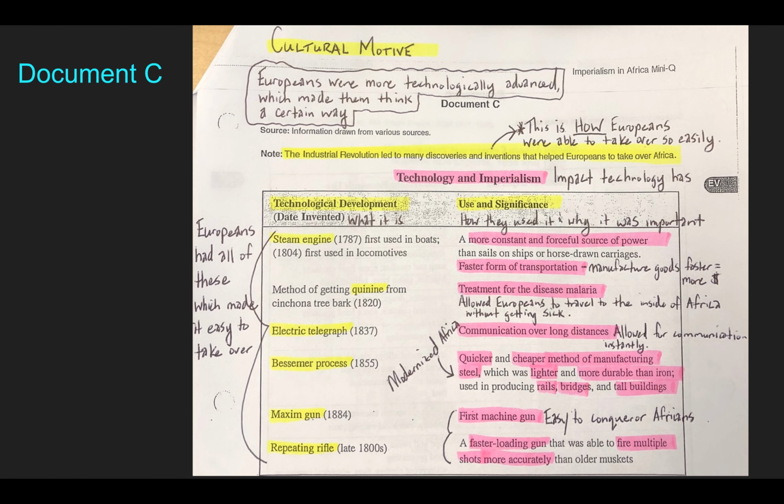The next invention was actually a medication, and it was called quinine. And I think I mentioned before, and you should have read this in your questions that you answered from the online text, but really early on during imperialism in Africa and colonization of Africa by the Europeans, they were only able to explore the coastal parts of Africa, meaning the land that was right next to the water, the ocean.